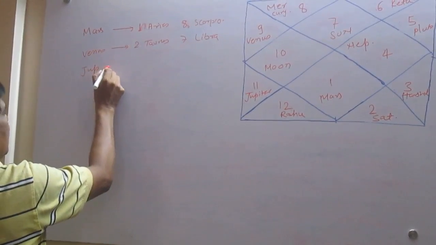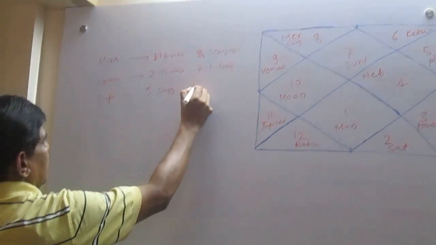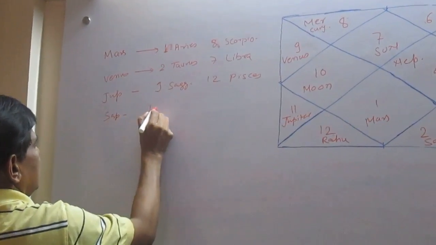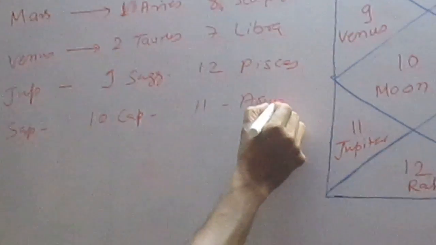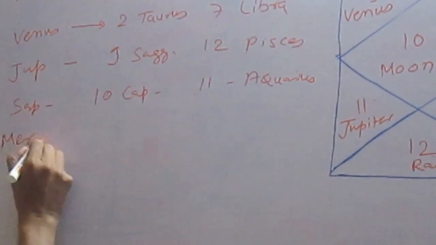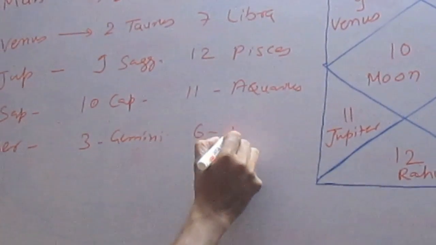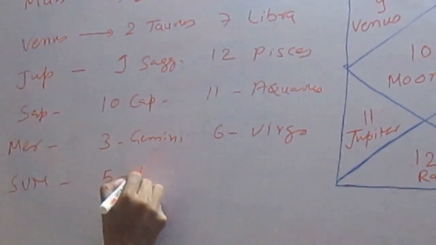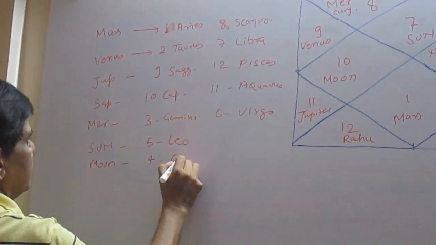Jupiter, owner of number 9, Sagittarius, and Pisces. Saturn, Capricorn and Aquarius. Mercury, owner of Gemini and Virgo. Sun, owner of Leo. Moon, owner of Cancer.